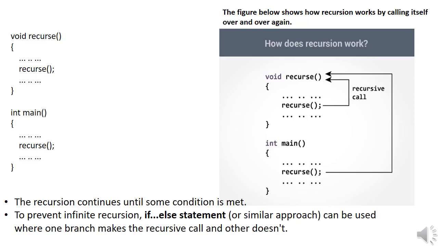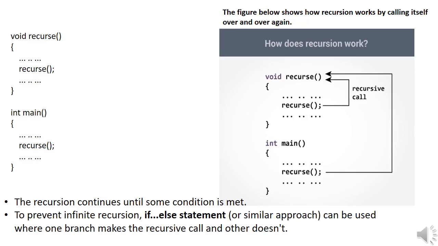In the function definition I called that function by itself. That means the recurse function also calls the same function inside its own definition. This is called recursion, a function called by itself.